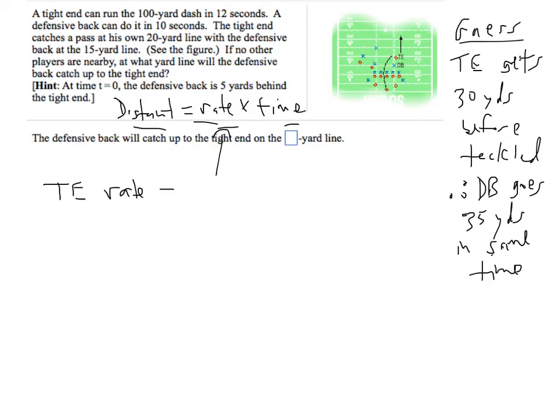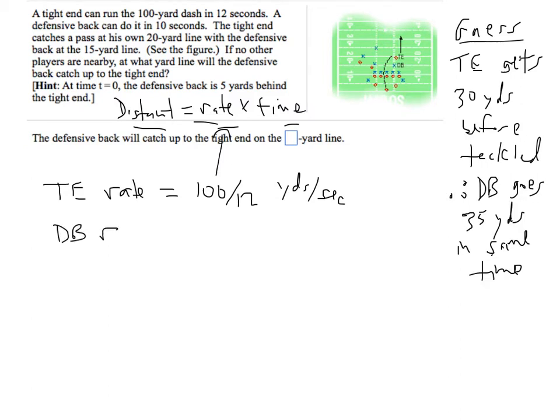The tight end's rate is 100 over 12 yards per second. We just divide how far you go by how long it takes you, and that's your speed. That could be simplified, that's like 25 over 3, but there's no great advantage to worrying about the fractions at this point.